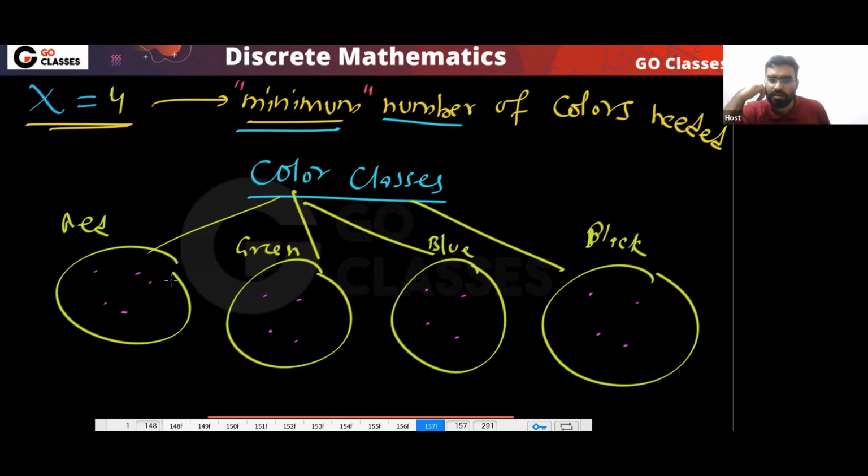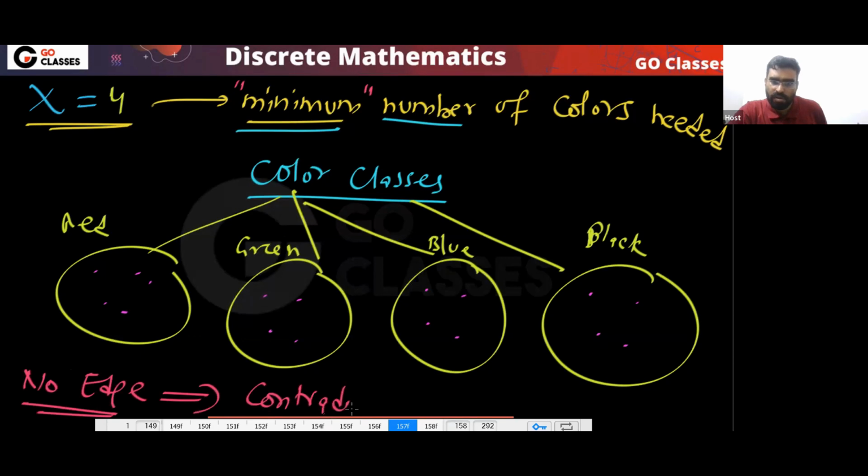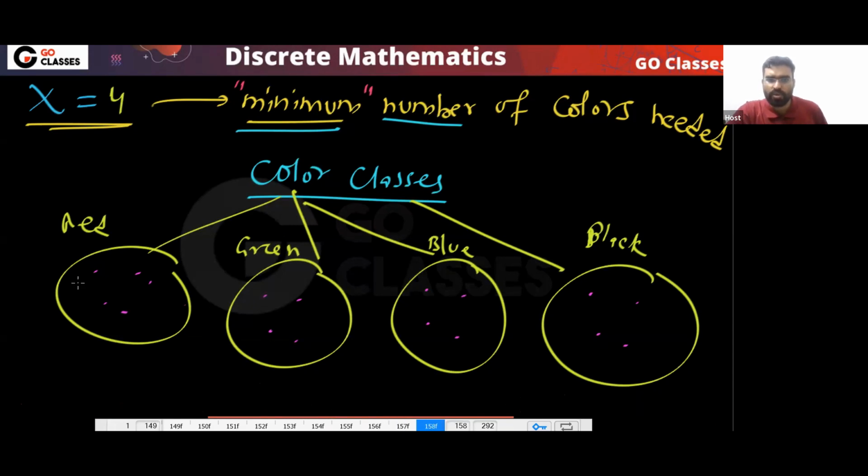So no edge implies a contradiction. The contradiction will be that zeta will be 1, but already zeta is 4.